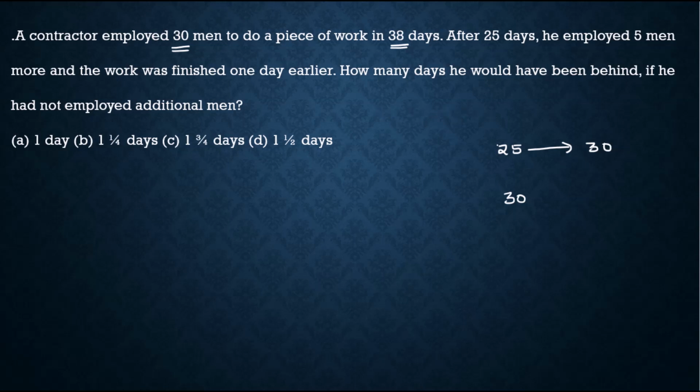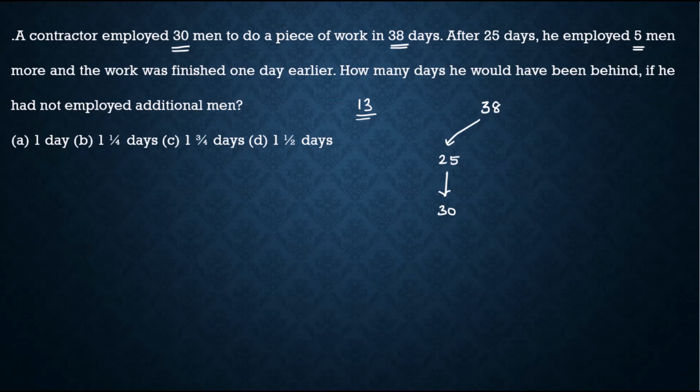I just made a small mistake because we cannot write this particular thing. So what has happened now? He has employed the workers for 38 days. For the first 25 days, 30 men were working. So the remaining, we have 13 days.